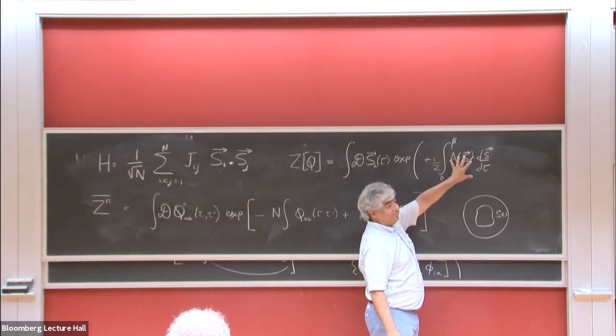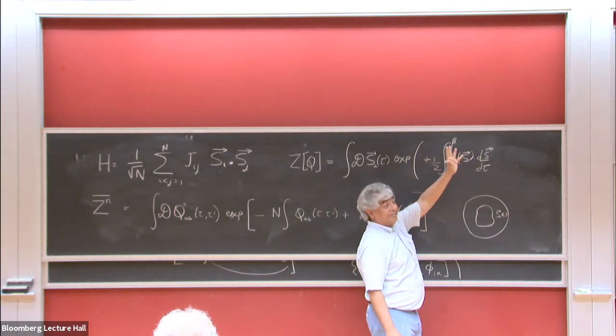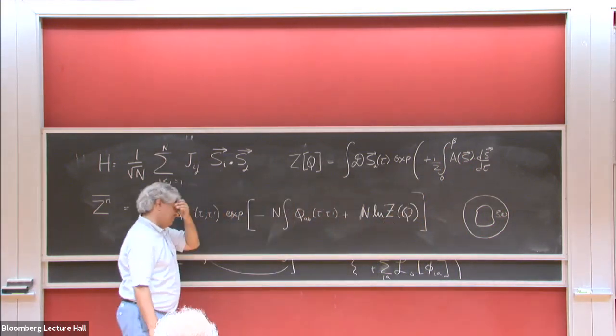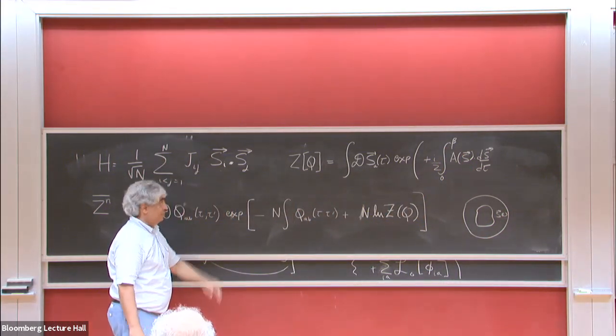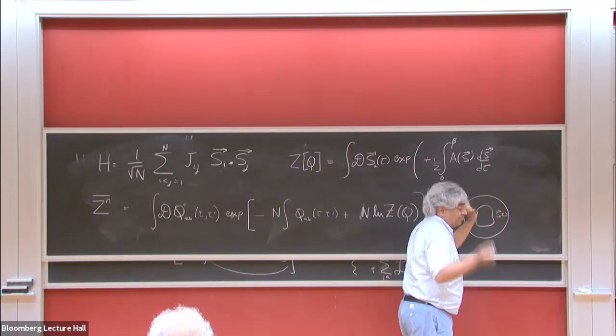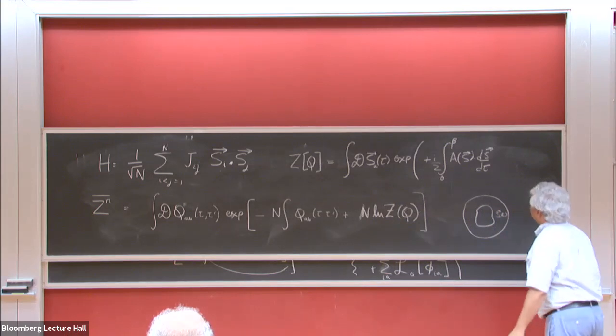And then this is the term that tells you that there are two states which are exactly degenerate. And as long as that exact degeneracy on each site is protected by time reversal or some other symmetry, then this problem is going to be different from the problem that we looked at.